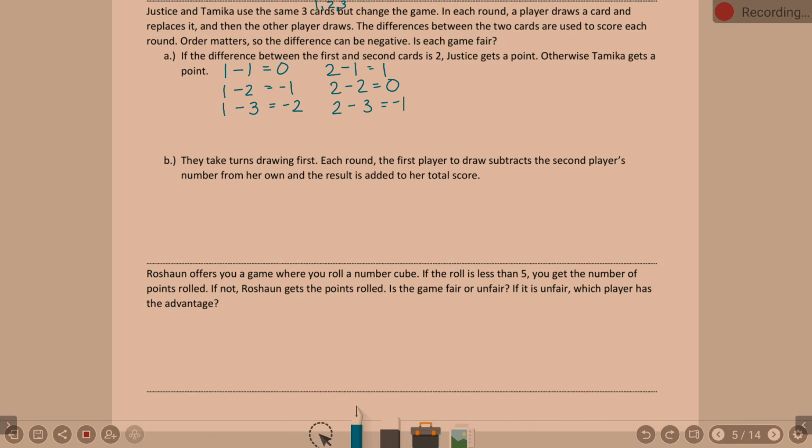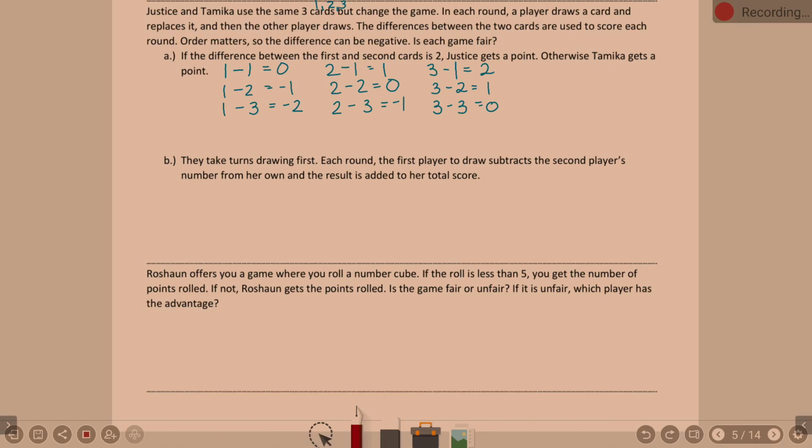What's my other set of options? I could draw a 3 first. If I draw 3 first, I could draw 1. 3 minus 1 is 2. I could draw 3 first and a 2 second. 3 minus 2 is 1. Or I could draw 3 and a 3, and 3 minus 3 is 0.